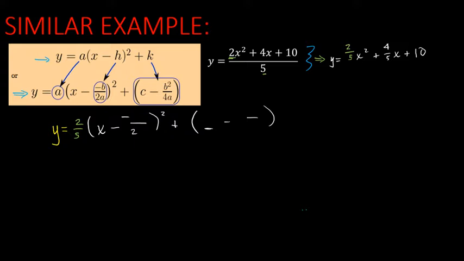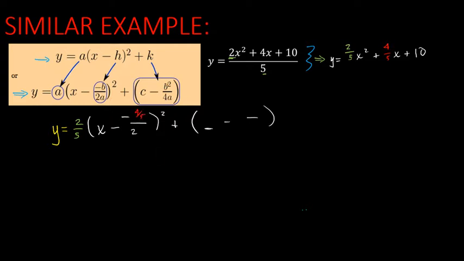The next thing I'm going to do is fill in b. b corresponds to my x term. It's the coefficient for my x term. So b is going to be 4/5. Changing colors here, negative b would be just negative 4/5.